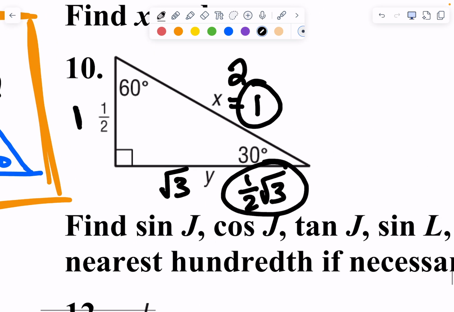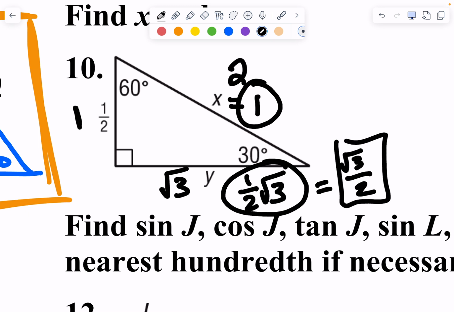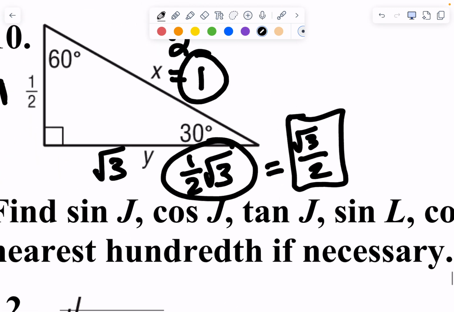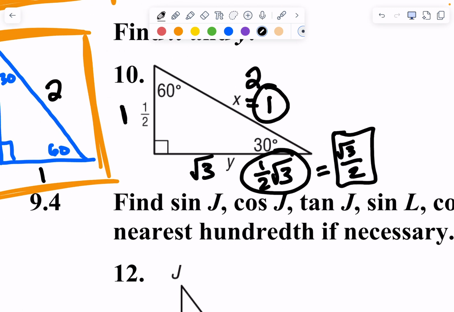Or the square root of 3 over 2 is sometimes how it will be written, right? Does that make sense? You will see him quite a bit. So the square root of 3 is always times the base one, which is the bottom one. Good.